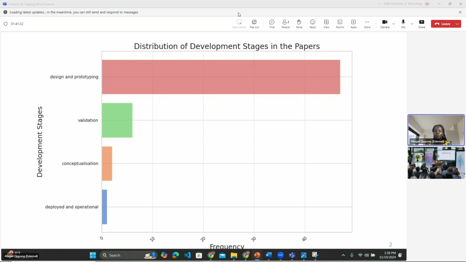This paper was also connected to Facebook because people are already using it, so the deployment was kind of easy for them. This raises a lot of questions as to why most of them are at the design and prototyping stage.